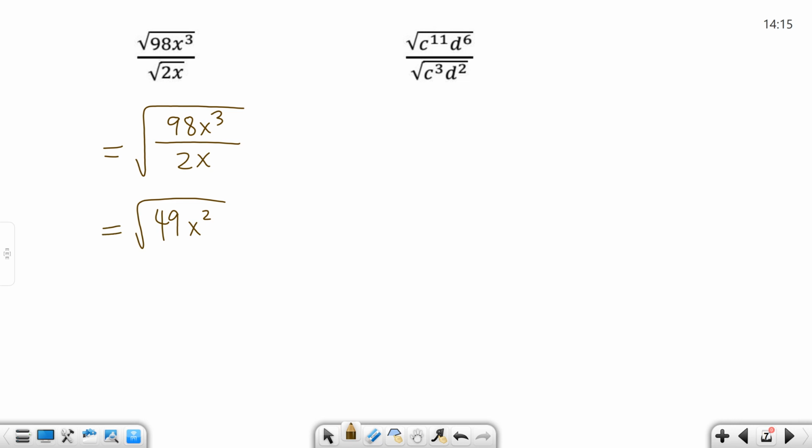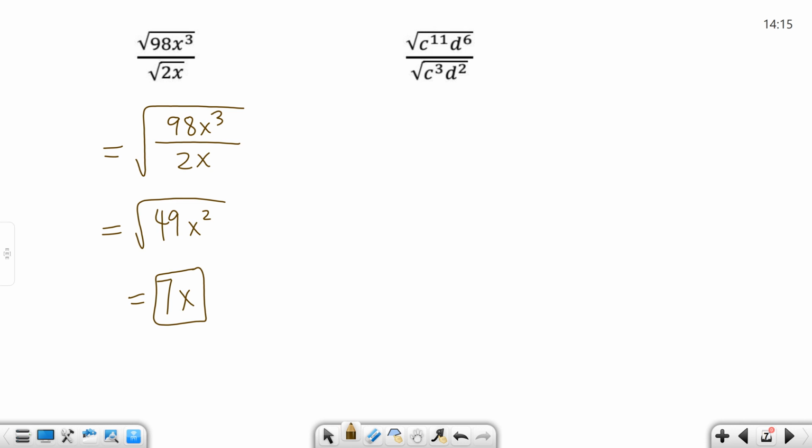And here again, this is nice because I'm not left with a fraction. If I was left with a fraction, that's okay. I just haven't been so far. The square root of 49 is 7, and the square root of x squared, 2 goes into 2 one time with none left over. So that's just 7x. And here is where it's important that I assumed my variables were positive.